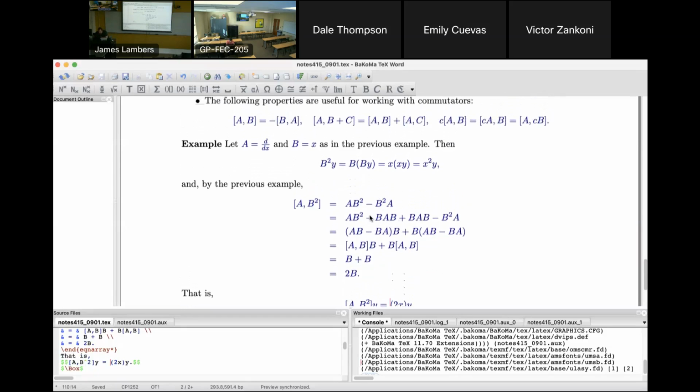The reason for throwing it in is that I have AB as an initial factor, so AB times B. If I think of AB as a unit, then I have to subtract from it B times AB, so the B is on the opposite side. That sets me up to get a commutator. But because I'm throwing this in here, I then have to add this, and I can recognize this as an expression involving a commutator also.